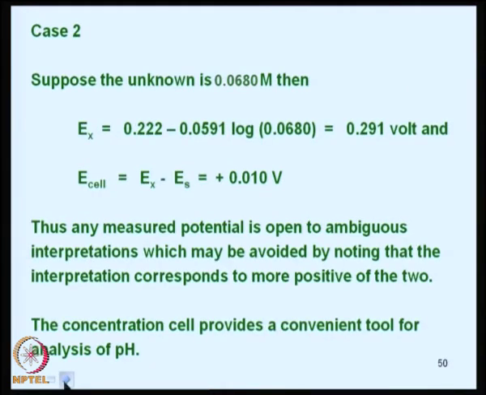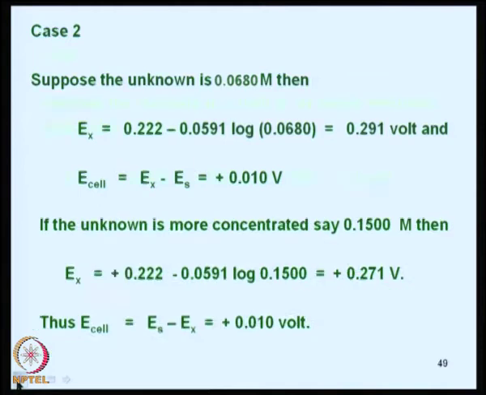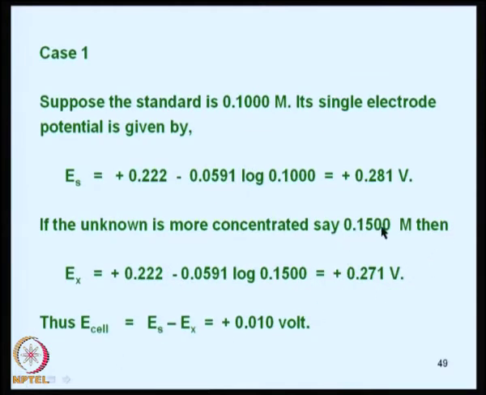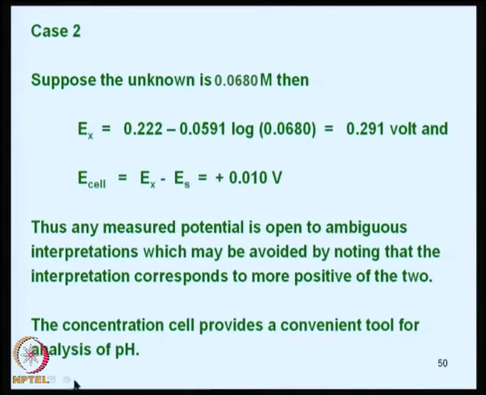Now, suppose the unknown is 0.680 molar instead of 0.1500. Then I can write a similar expression and I get 0.291 volts, and the E cell that you actually measure is 0.010 volts. You will be surprised now about which one to take as the unknown concentration.